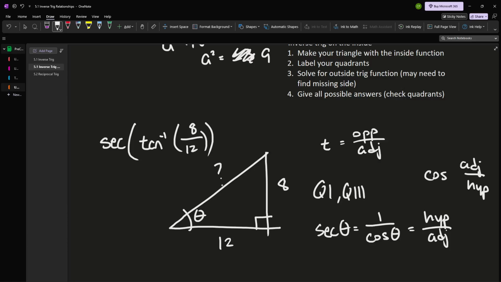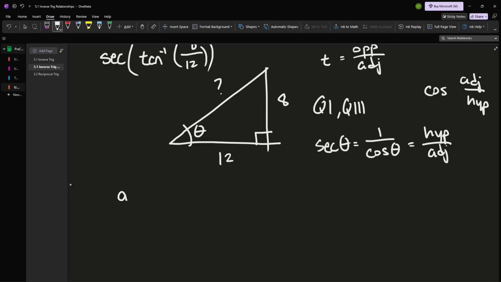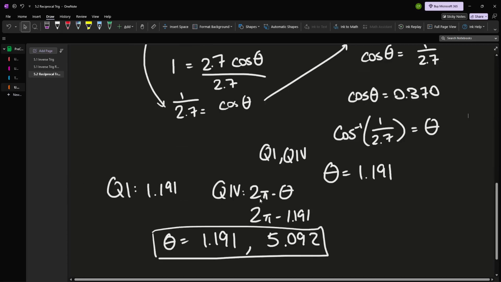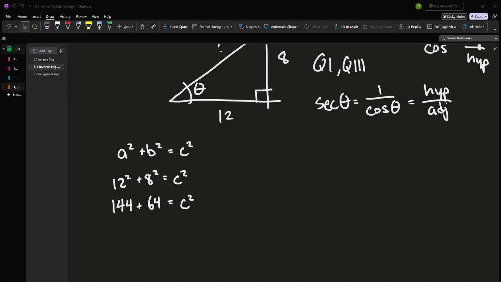I don't know the hypotenuse. We use the Pythagorean theorem. A squared plus b squared equals c squared. 12 squared plus 8 squared equals c squared. 144 plus 64. It doesn't work out cleanly, I don't think.